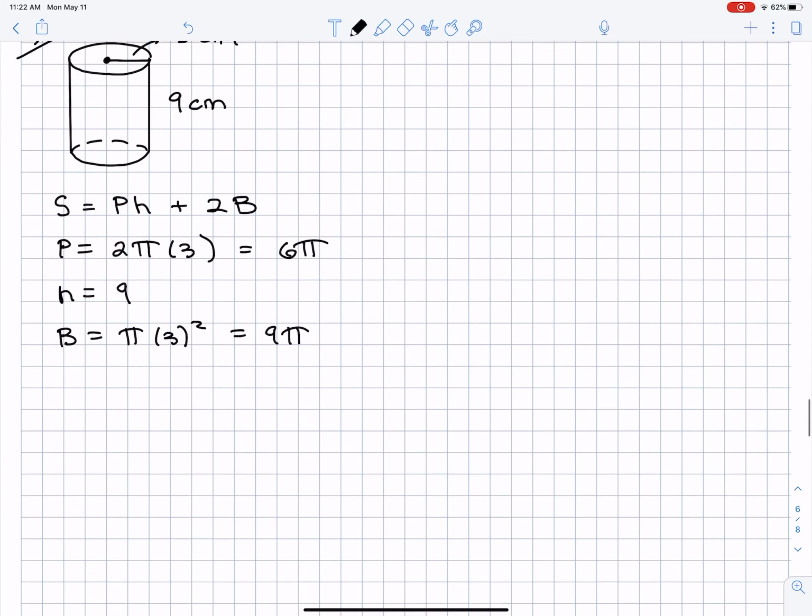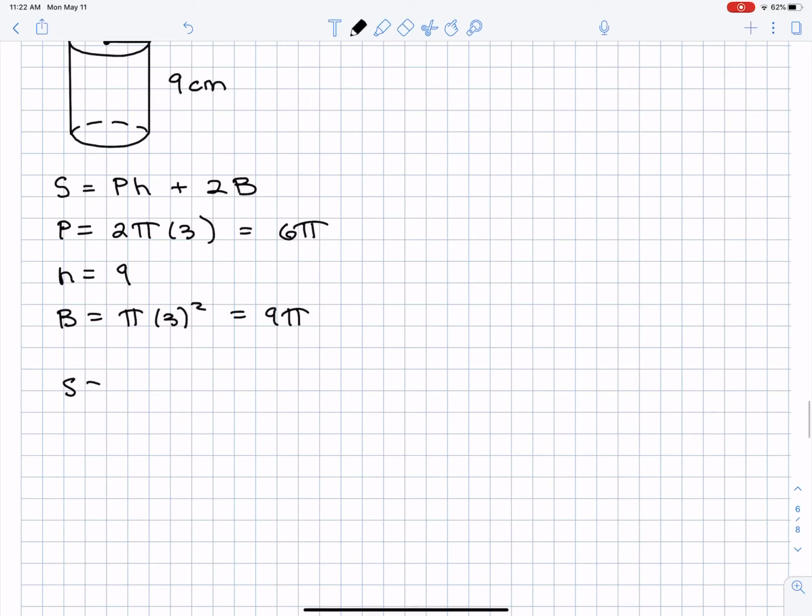So let's put this all together. Our surface area equals the perimeter, which is 6 pi, times the height, which is 9, plus our two bases, which is 2 times 9 pi.